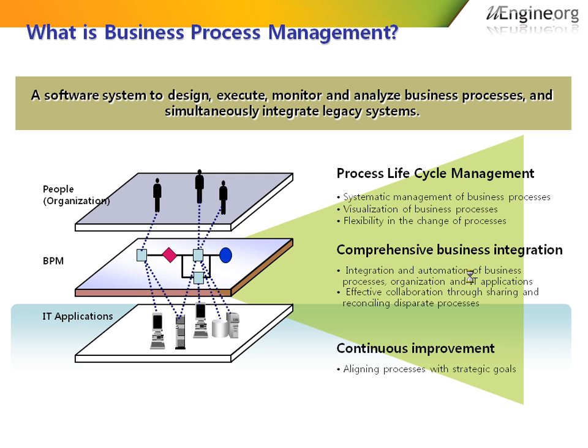The conclusion is that business process management is a software system to design, execute, monitor, and analyze whole business processes and simultaneously integrate legacy systems. That's the core part of business process management.